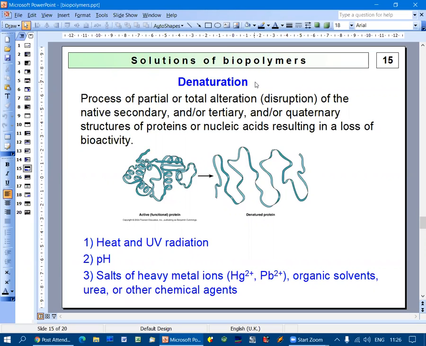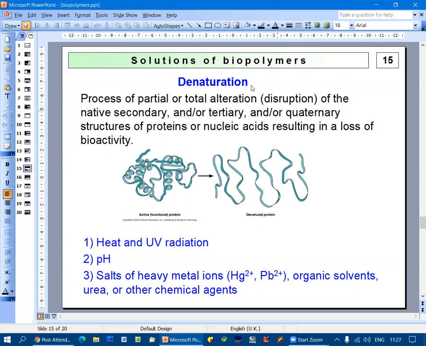So if it is a quaternary or probably tertiary structure, maybe the process can be reversible. But I doubt that if it is secondary structure, denaturation can be reversible.